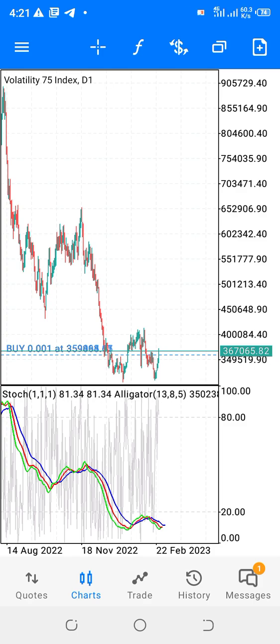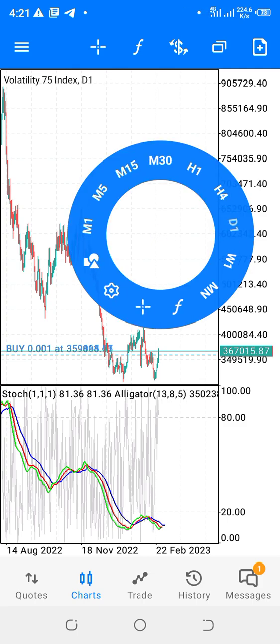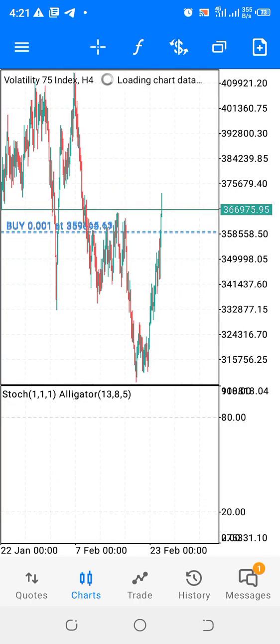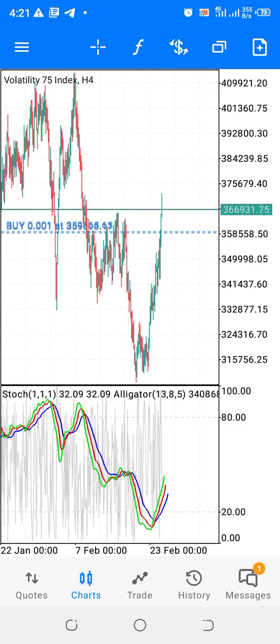slightly above 20. Now this is day one. We're not going to get into the trade using day one. So we go to our 4. In our 4, we can see now it is reflecting so perfectly, and down here you can see the alligators.